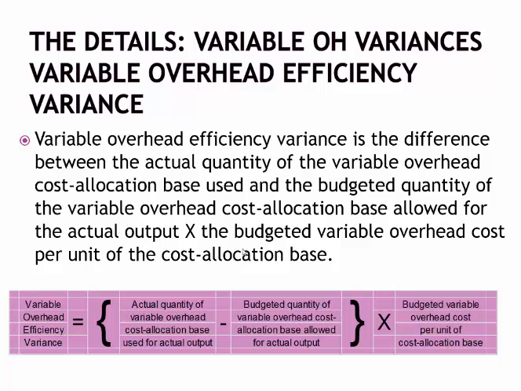So again, actual quantity of variable overhead cost allocation base. We're talking about those machine hours on this particular example. The actual quantity used for the actual output, and then subtracting from that the budgeted quantity of the variable overhead cost allocation base allowed for the actual output.